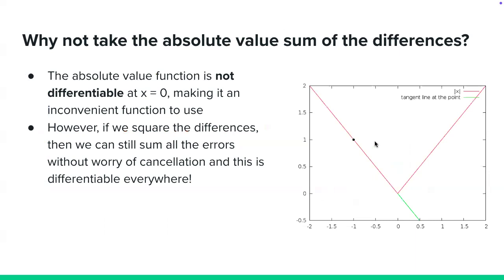So it's not a good function, not very convenient to use. But if we square the differences, then we can still sum all of the errors together without the positives and negatives canceling each other. And another benefit is that this squared sum is also differentiable everywhere.